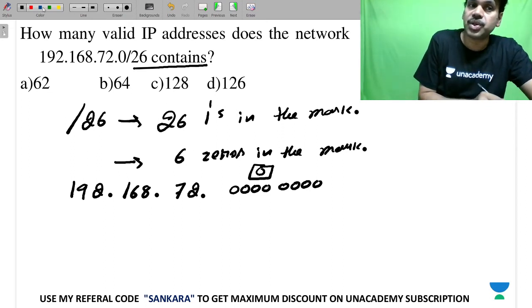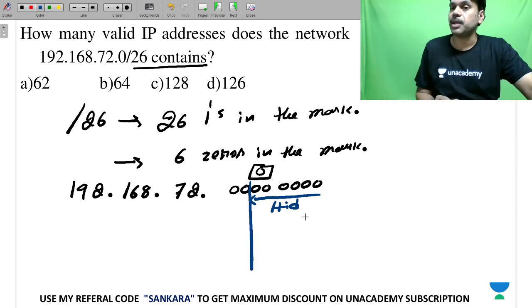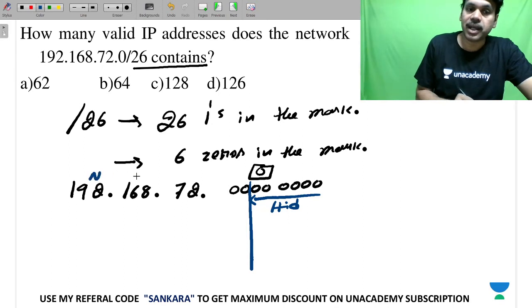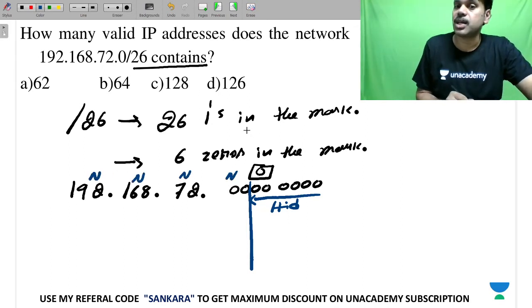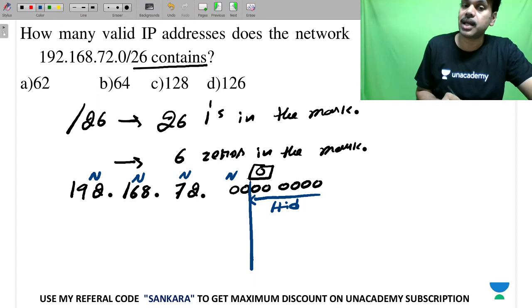So 6 zeros from right to left, this is your HID part. This is completely the NID part only, because 26 ones are nothing but NID. Up to that part it is NID, and the remaining part is HID.